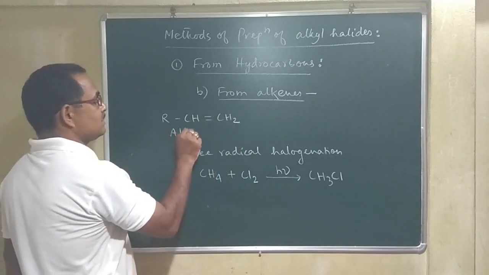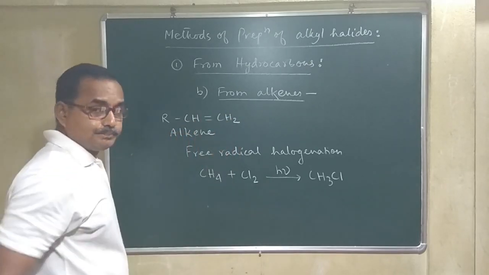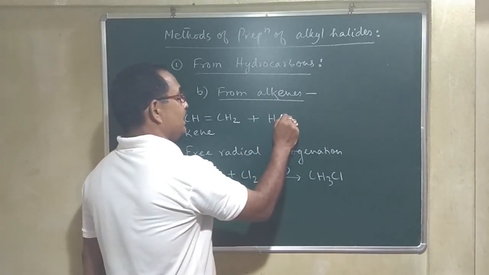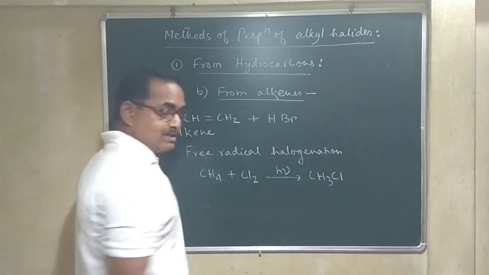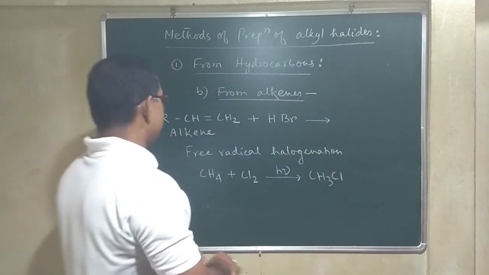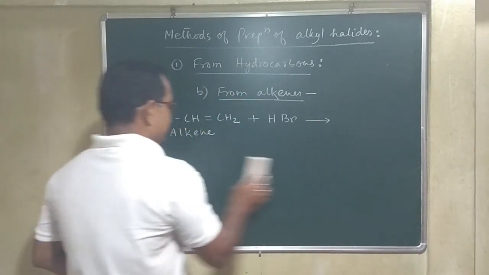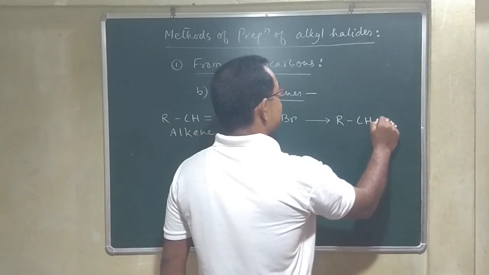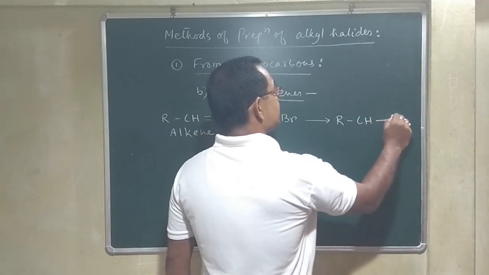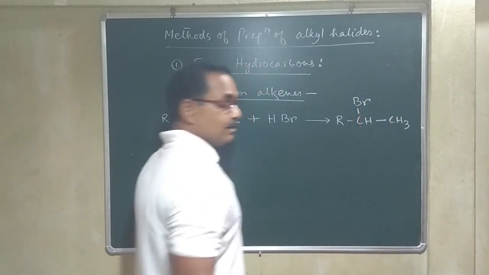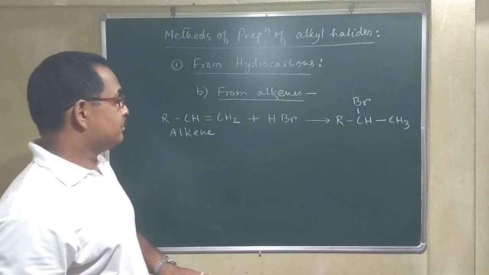This is a general alkene. When this is treated with a hydrogen halide, say HBr, this will give RCHBrCH3. This compound will be produced.